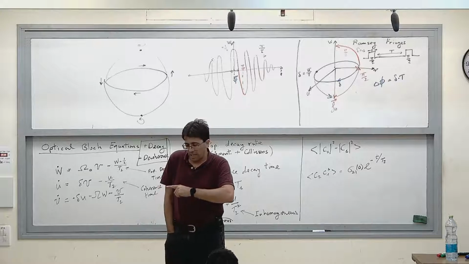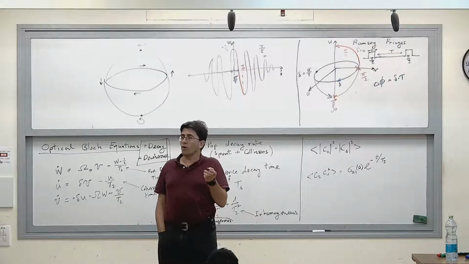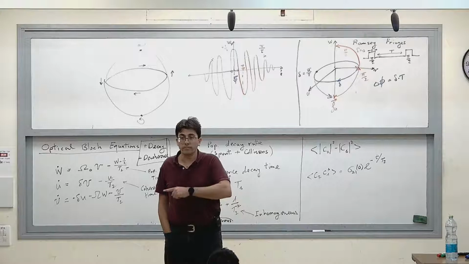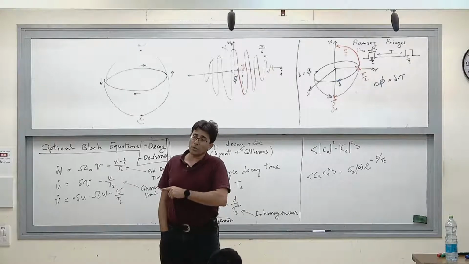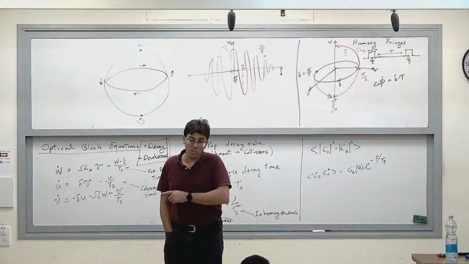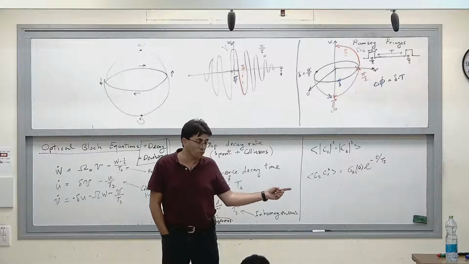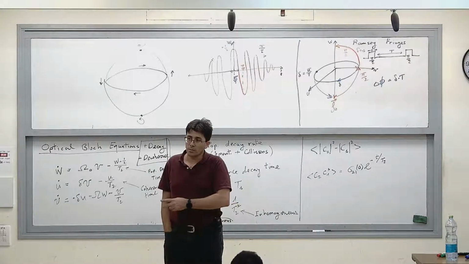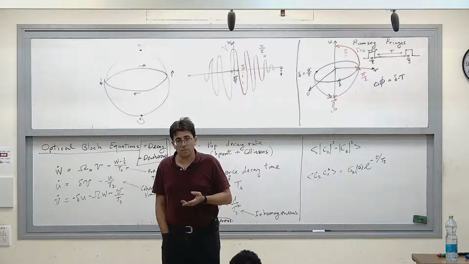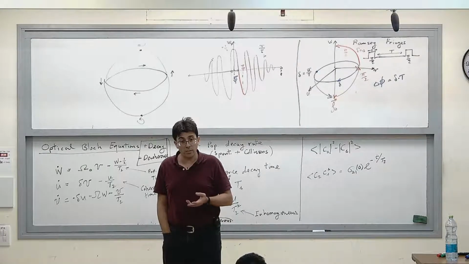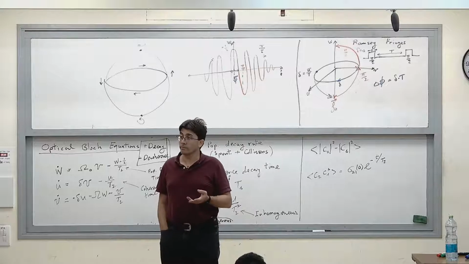And then I'll just leave it. So it will evolve according to the detuning. If the detuning is 0, it will not move. If the detuning is non-zero, it will start moving around the plane. But what is the detuning? Is it well defined? The answer is maybe different atoms see different detunings.